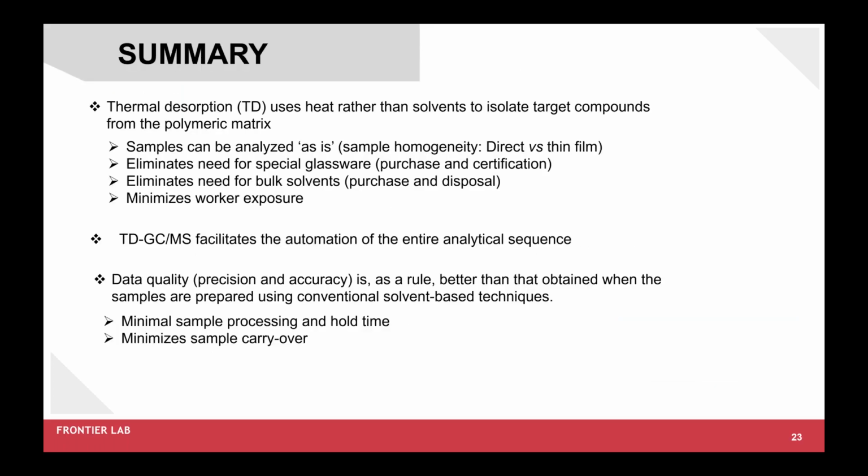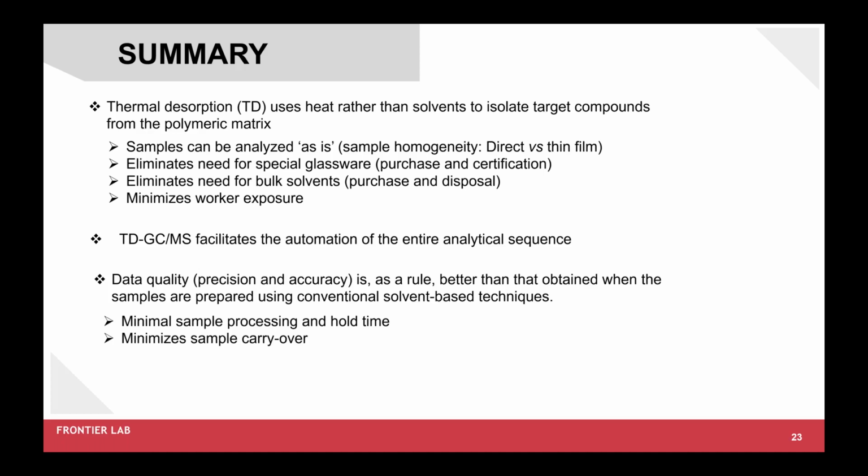Well, at the end, in summary, ASTM D7823 is based on a thermal desorption GCMS technique. The method is suitable for an extended list of phthalates in a wide range of polymeric compounds. The entire analytical sequence is performed in a single step in which a known weight of a solid sample or a known volume of a quantitative solution is placed in a sample cup, which in turn is placed into the autosampler carousel.